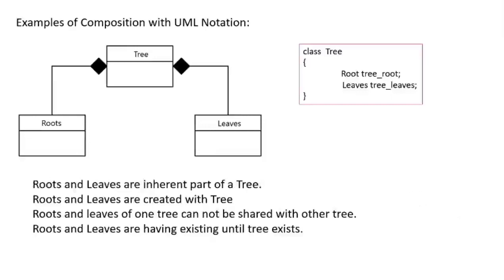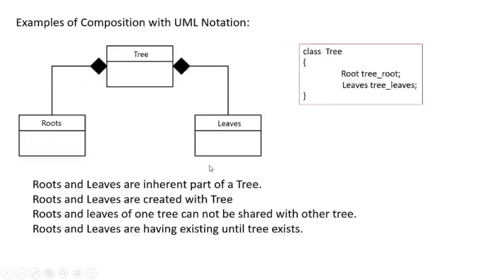Another example is a little more complex compared to the earlier one. Here we are taking the example of a tree. A tree has leaves and roots. A tree is composed of leaves and roots. So we have a tree object created from a root object and a leaf object. The relationship is shown by a line along with a diamond here. Roots and leaves are an inherent part of a tree.